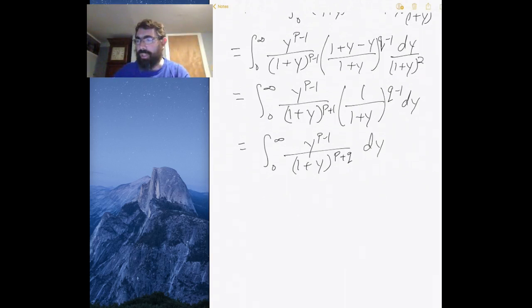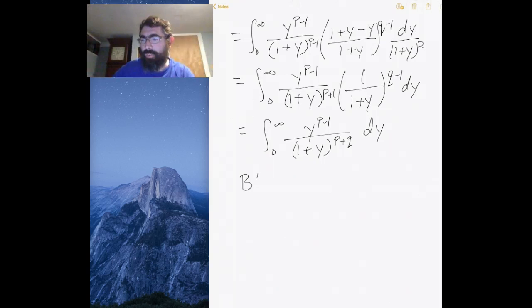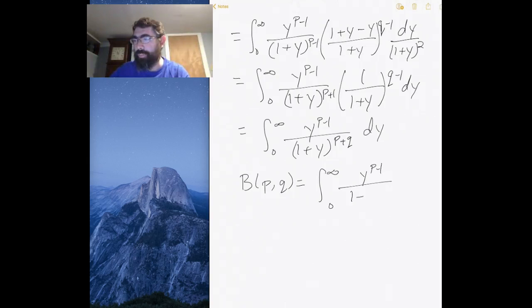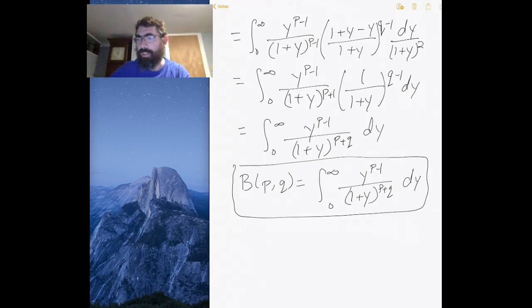So now, if I want to write this over the limits of 0 to infinity, I can rewrite the beta function as the integral from 0 to infinity of y to the p minus 1 over 1 plus y to the p plus q dy. And again, since y is just a variable, I haven't given it any meaning yet. It's just a dummy variable like x or t or anything.